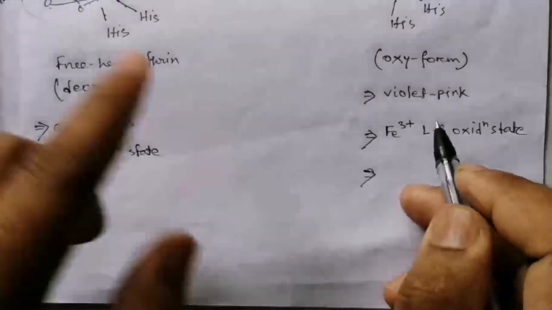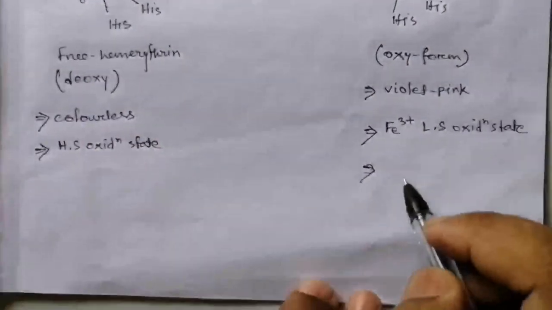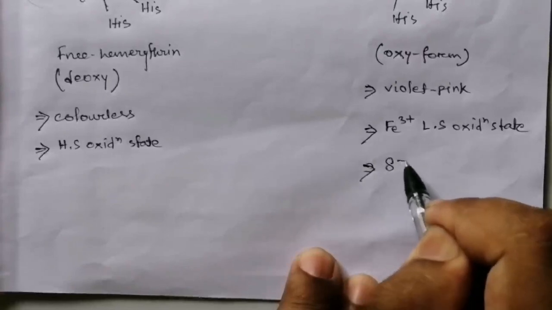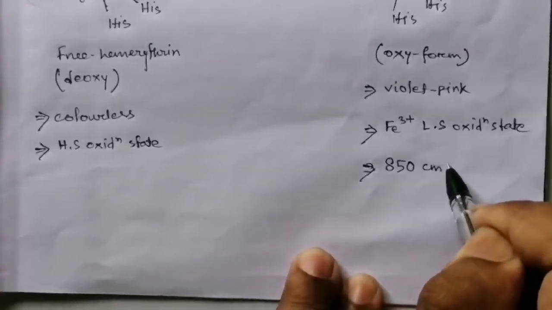When oxygen binds with the free hemerythrin center, it gives a Raman stretching frequency around 850 cm^-1.